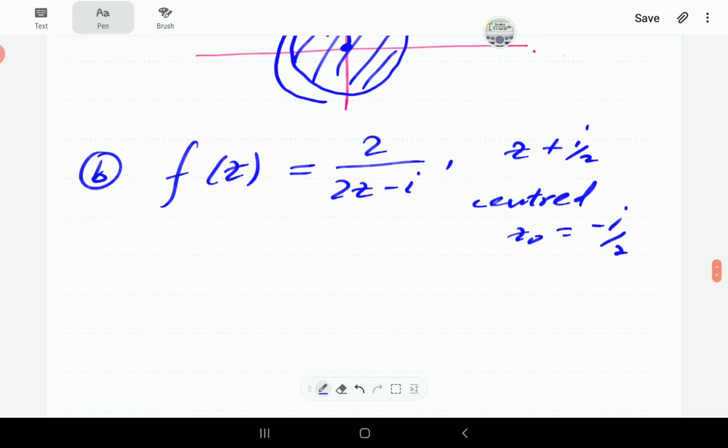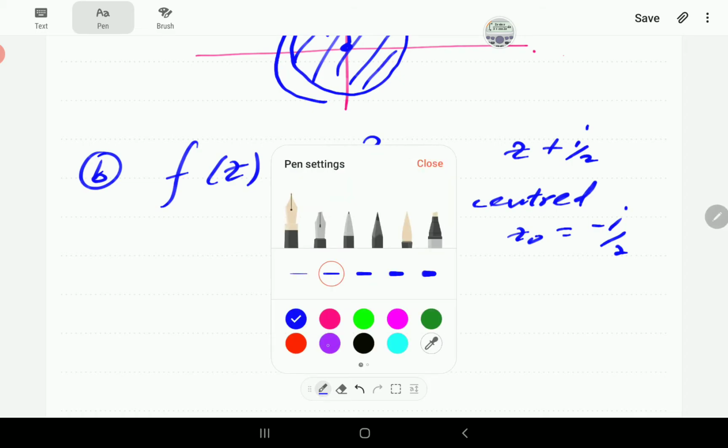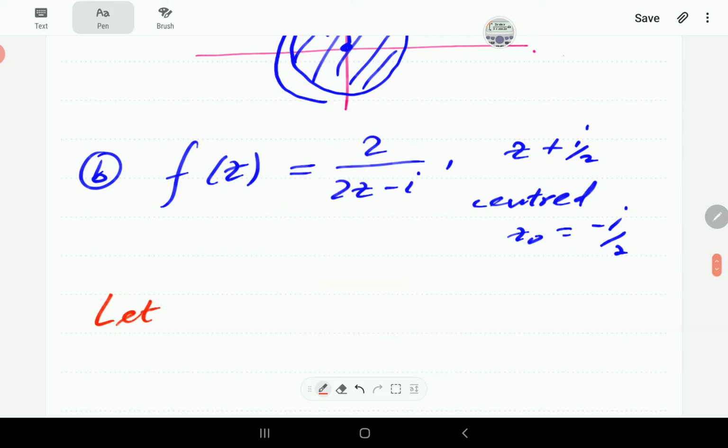Again, we're not using the approach of repeated differentiations. What we do in this case is we introduce a new variable u, which is equal to z plus i/2.